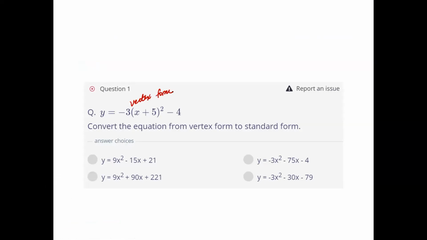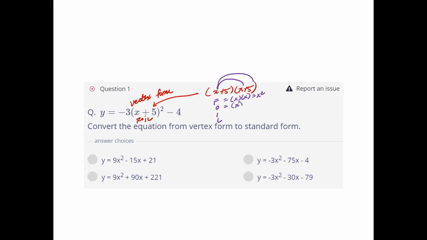If you want to put this into standard form, which means you no longer have the parentheses, the first thing you're going to do is FOIL the parenthesis. So I'm just going to take this little piece out over here. So I have x plus 5 times x plus 5. And remember, FOIL is first, outer, inner, and last. First means x times x, which is x squared.